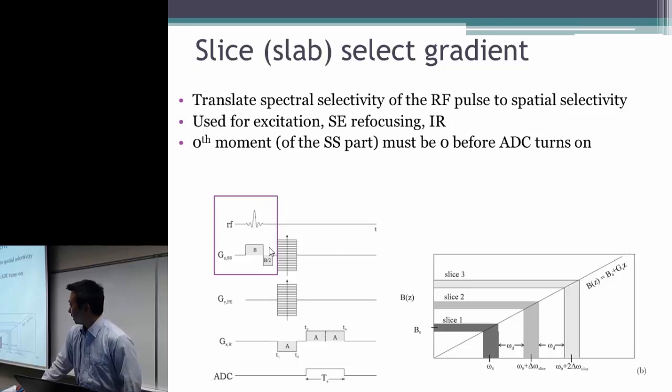So this rephase gradient is used to rephase the dephasing effect from the latter part of this slice select gradient, so that there is no dephasing effect from the slice selection gradient.